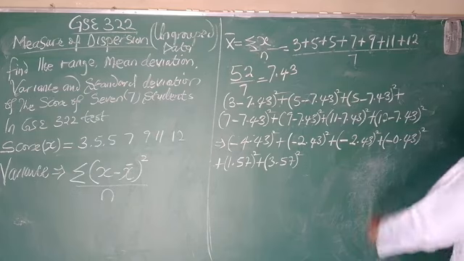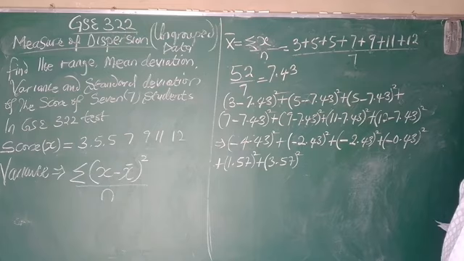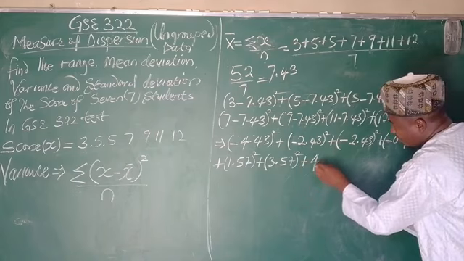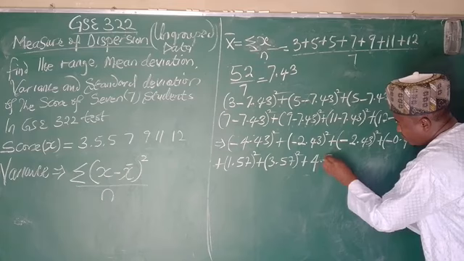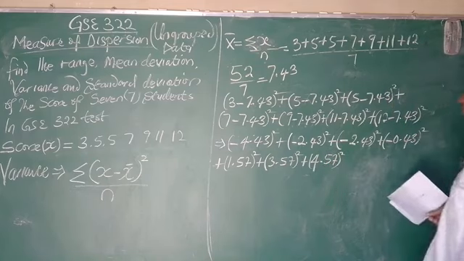Now the last one is 12 minus 7.43, which is going to give us, of course, plus 4.57 square.